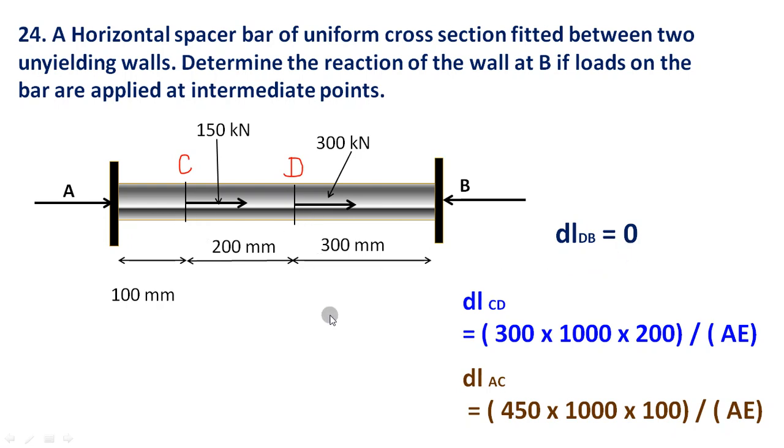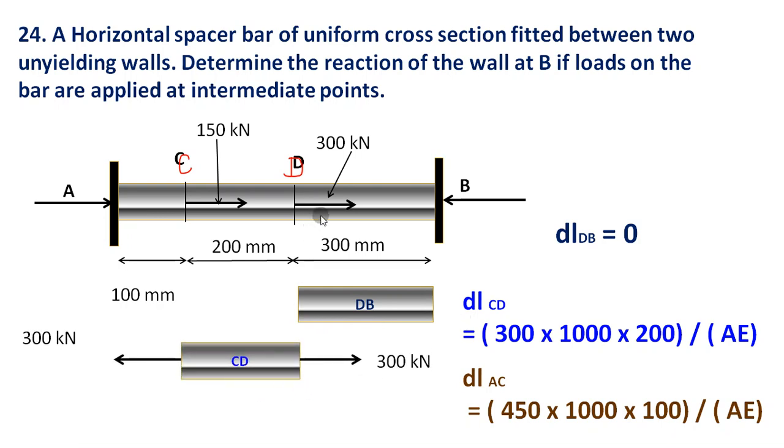As far as CD is concerned, there is 300 kilonewton. Therefore 300 kilonewton this way, it happens to be tensile in nature, and we will apply this as well. So the change in length of the CD portion is this.